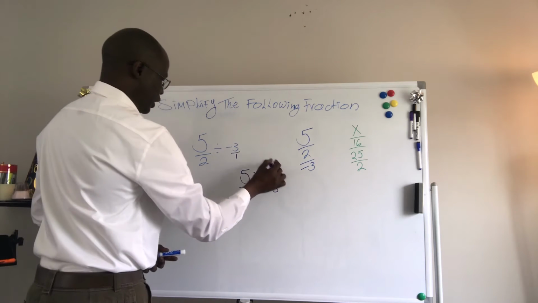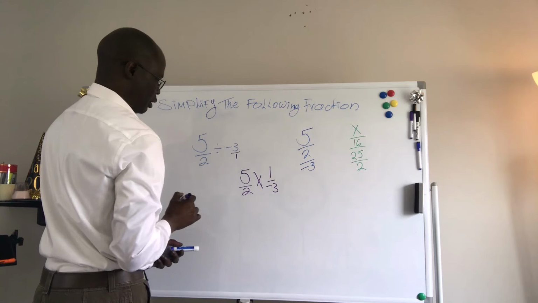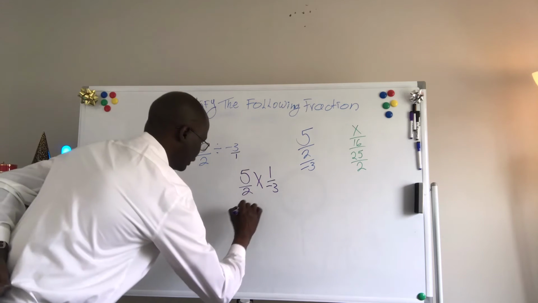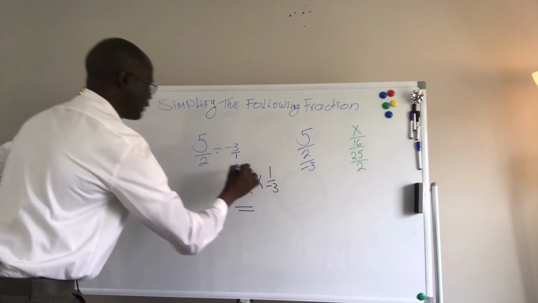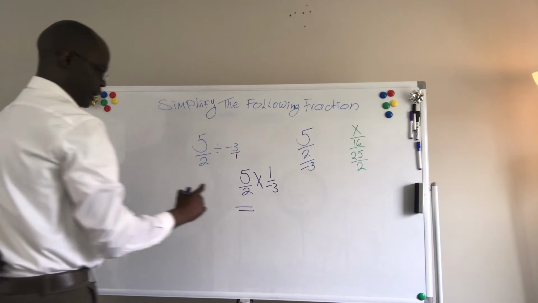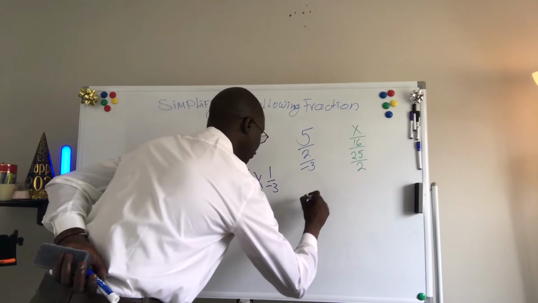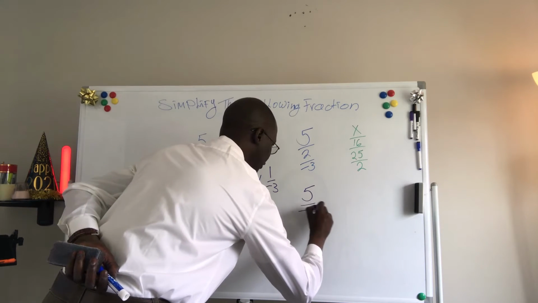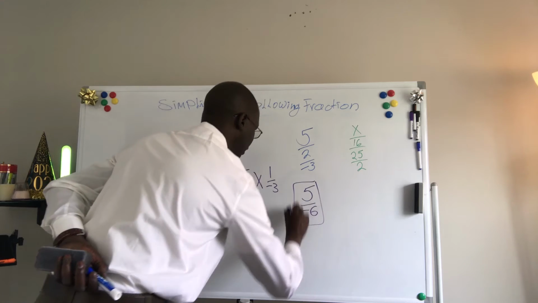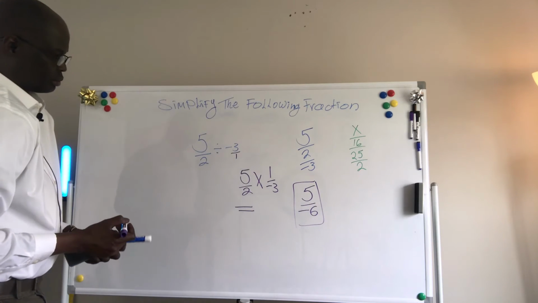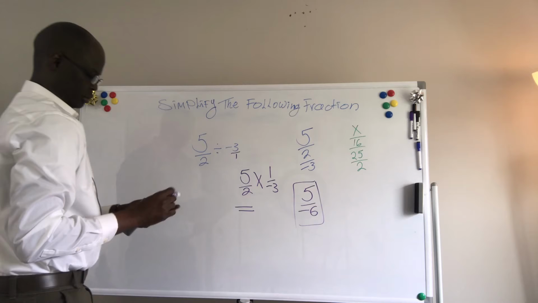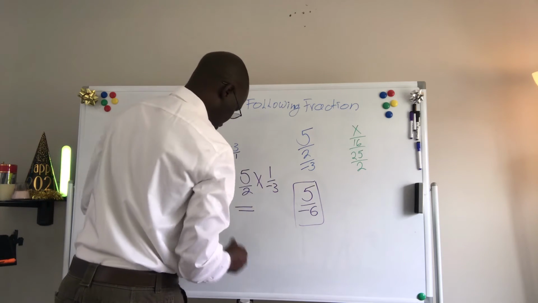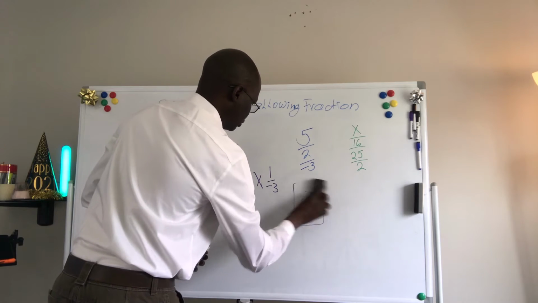Here we're going to do a normal multiplication. So 5 times 1 is 5, and then 2 times 3 is 6. If you say 5 over 2, minus 6, this answer should be wrong, because the minus is going to apply to the whole answer.